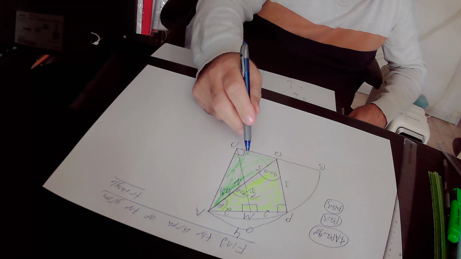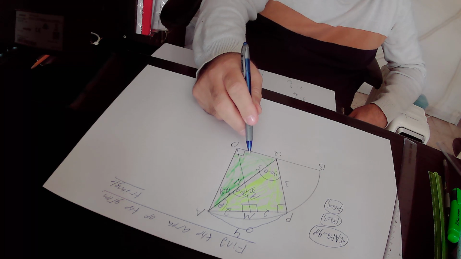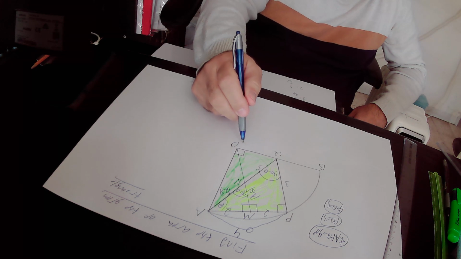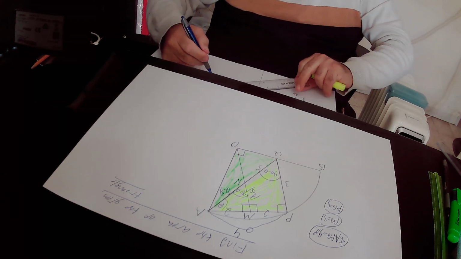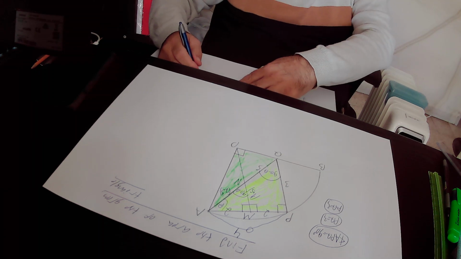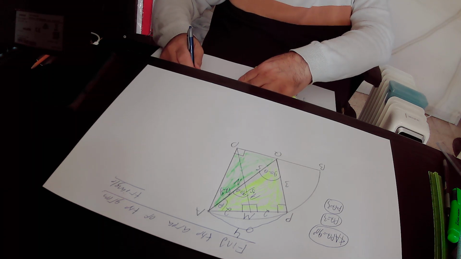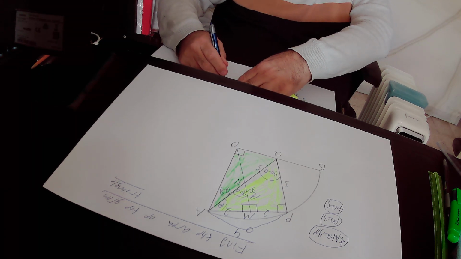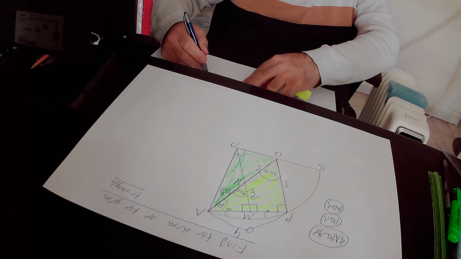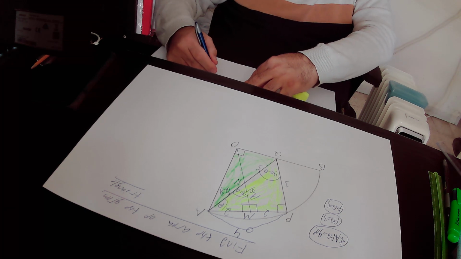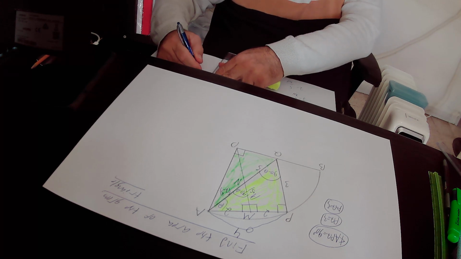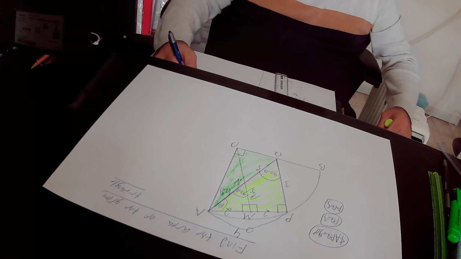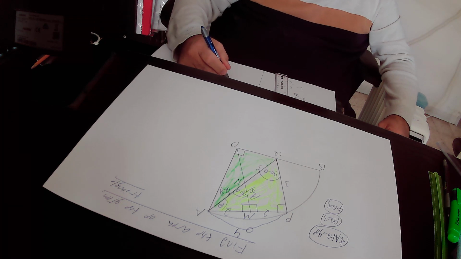I'll copy the right green triangle AQO in a new page and we'll block it by a circle.